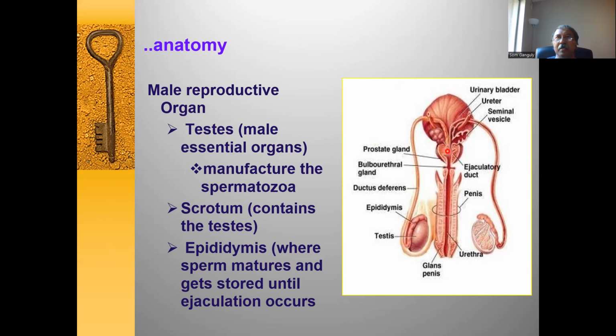It becomes semen when it meets prostatic fluid from these two tiny little glands, bulbourethral gland and seminal vesicle.